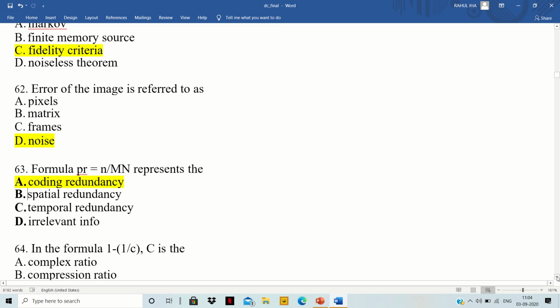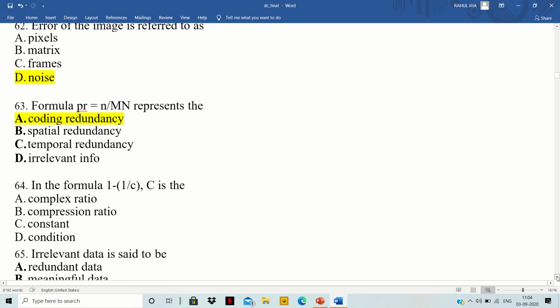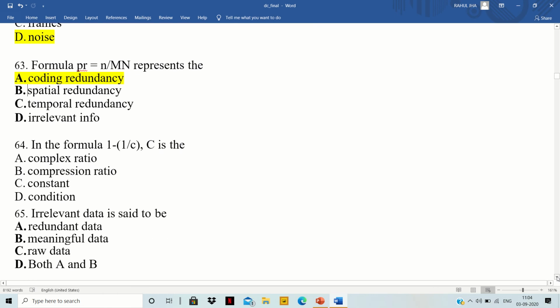Next question. In the formula 1 minus 1 by C, C is the A complex ratio, B compression ratio, C a constant, D condition. So the right answer would be B compression ratio.